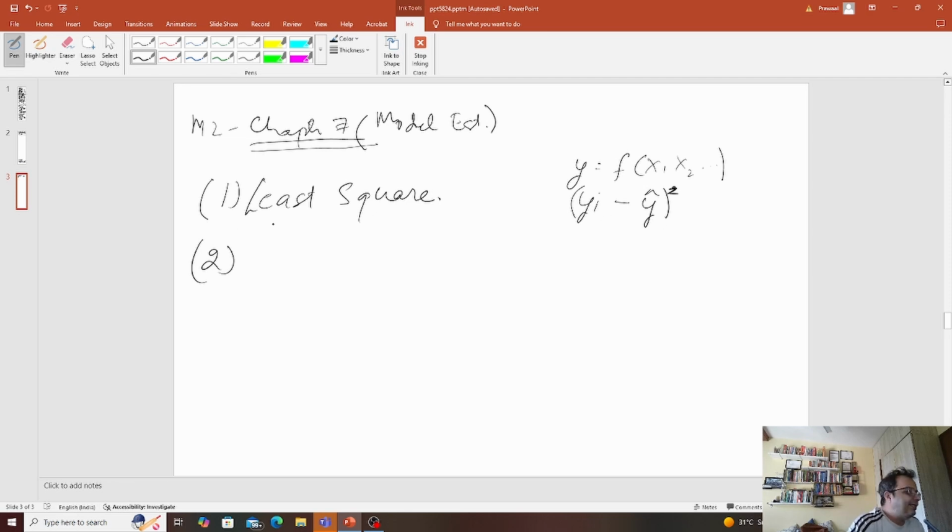The second approach is called maximum likelihood. What happens in maximum likelihood is that it is the reverse of least square. We try to maximize the chances of our estimate being as close to the real values or the labeled values. So that's the maximum likelihood. And there is a third technique which is called the method of moments.